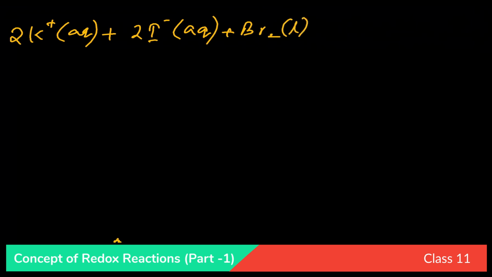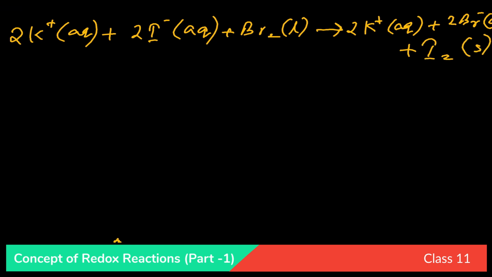Okay, and this is giving me 2K+ again in the product side, it is aqueous, plus 2Br-, this is also aqueous, plus I2, that is solid. This is my solid compound. So if you see carefully here, at first iodine was present as I-.